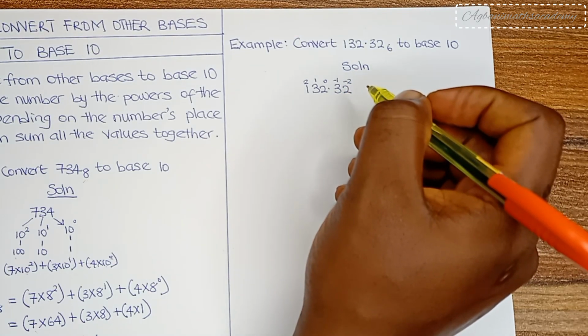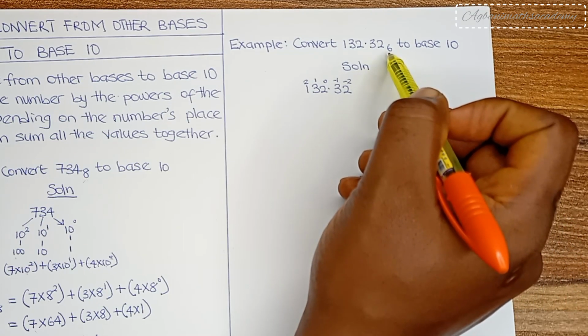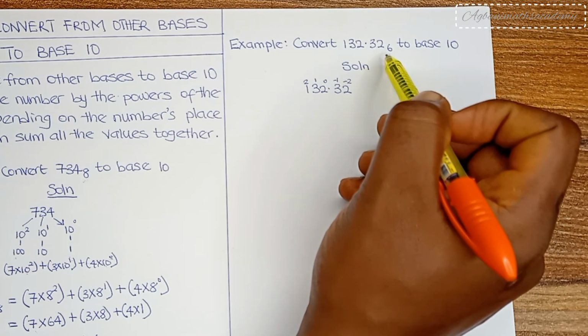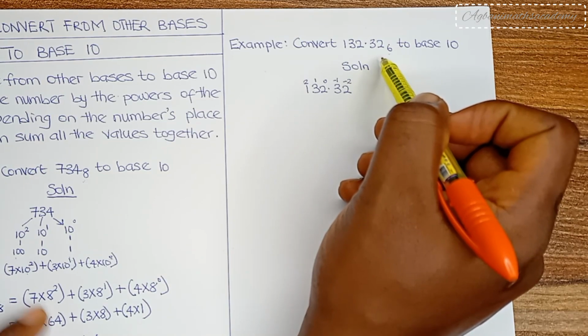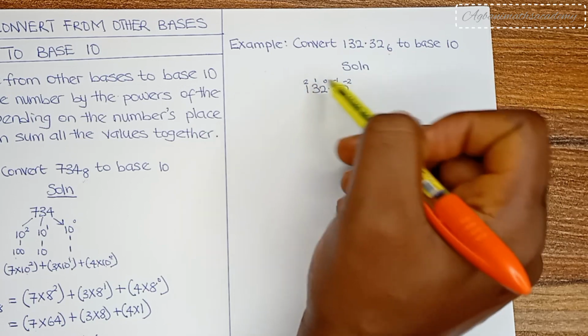So when we are now multiplying with a power of 6, remember, since we are converting from base 6, we are no longer multiplying with 8 as we have here, but we'll be multiplying with 6. So we'll be considering these powers.